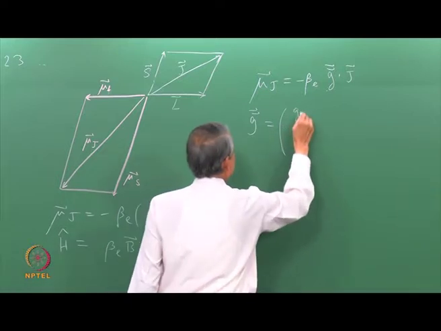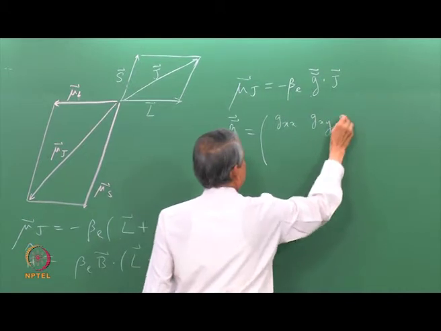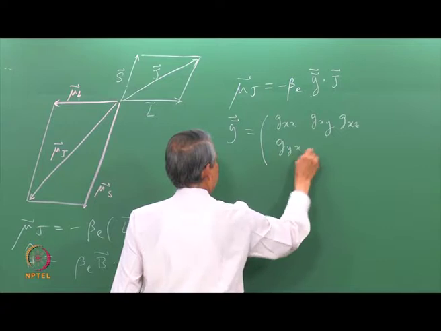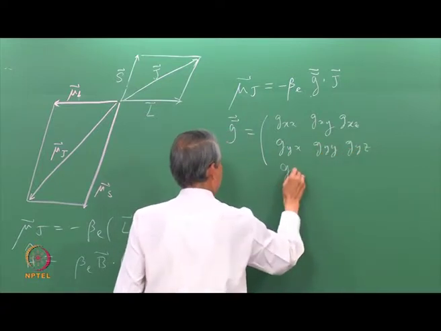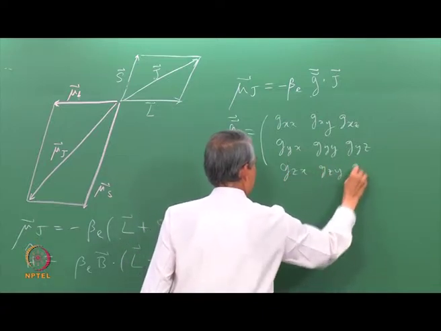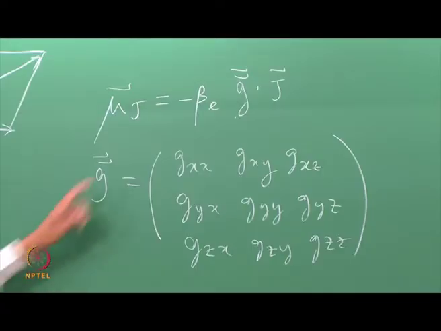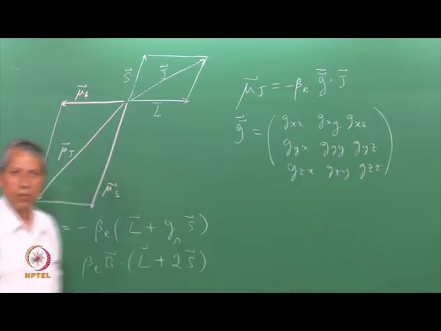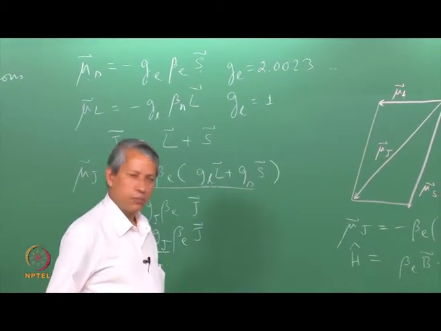Let us call it G xx, then this and this need not point in the same direction. So, both are acceptable, only the approach is different.